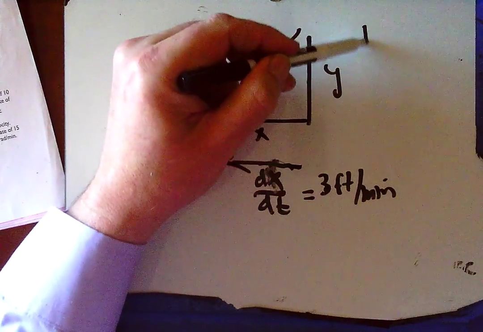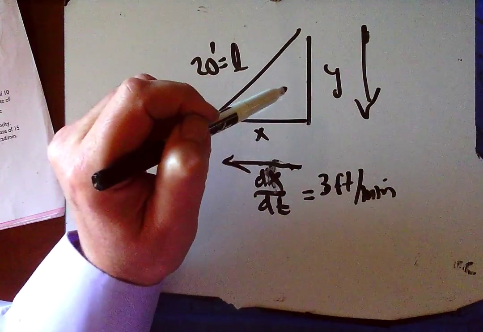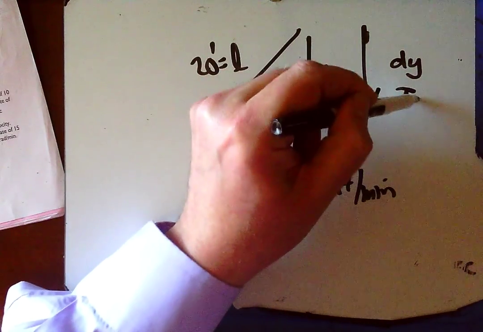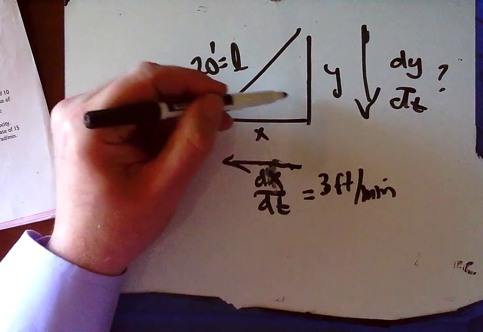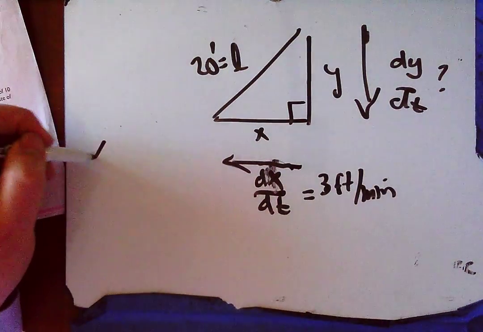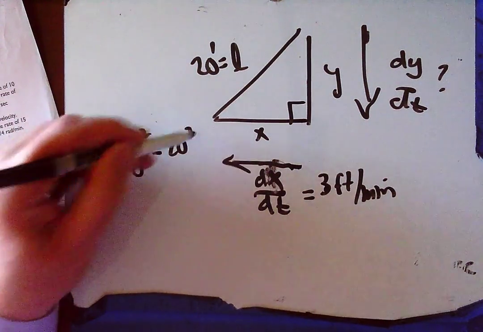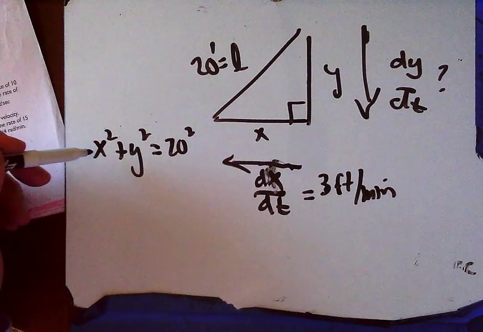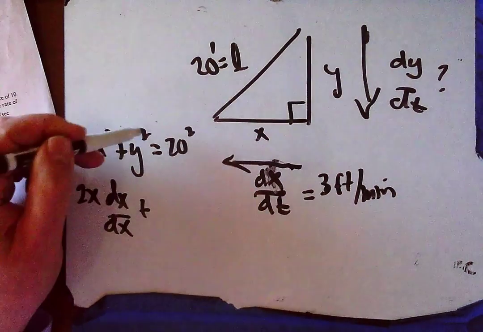Find the velocity of the top of the ladder by using implicit differentiation. Okay, so what we want to know is, as this thing is sliding out and this thing is sliding down, what is dy dt? So what relationship do we know between these objects? Well, we know the Pythagorean theorem. So we've got x squared plus y squared equals 20 squared. So the derivative here is going to be 2x dx dt, plus the derivative here.